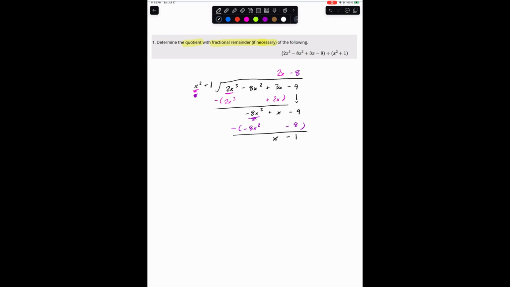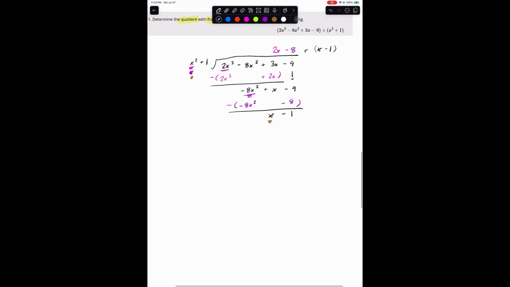Now, this power is too small to divide further, right? So this is my remainder. Remainder x minus 1. So how do we write this as a fractional remainder? We have 2x minus 8, which is our main quotient, and then x minus 1 over x squared plus 1, because we have this left over.